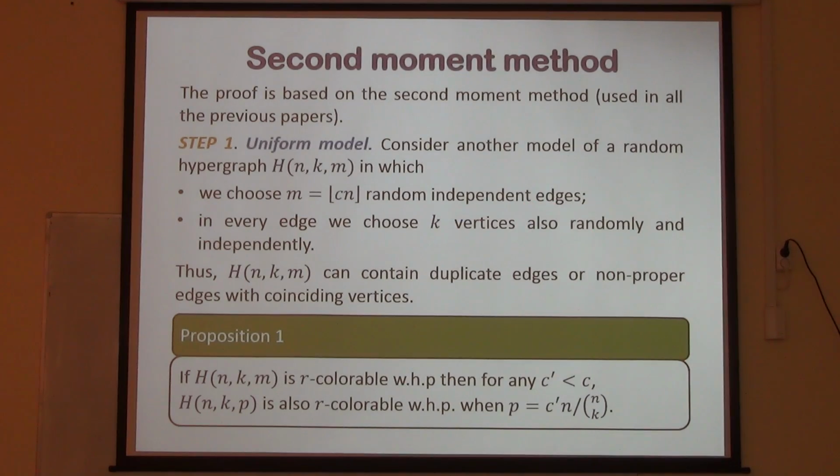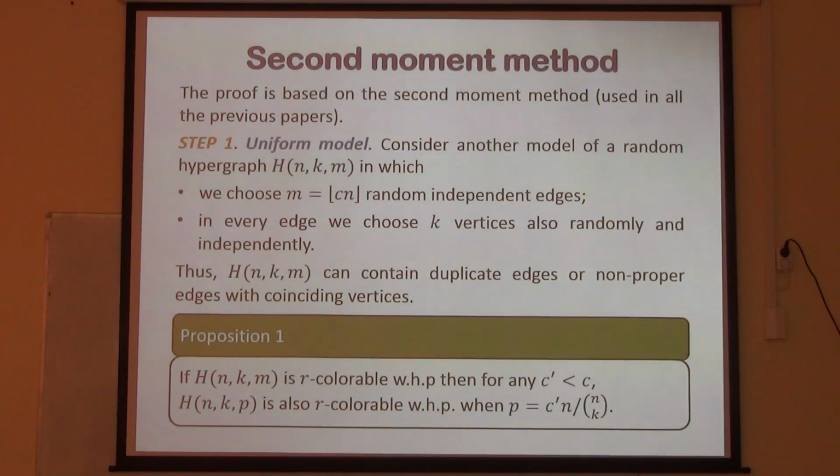And moreover, non-proper edges. Non-proper means that some vertices in an edge can coincide. In fact, it is bad because if you have a loop, all the vertices are the same, so you will not be able to color in any number of colors, so the chromatic number will be infinite. So you will always have a monochromatic edge. But for hypergraphs, this happens with probability tending to 0, so it doesn't matter in this case.